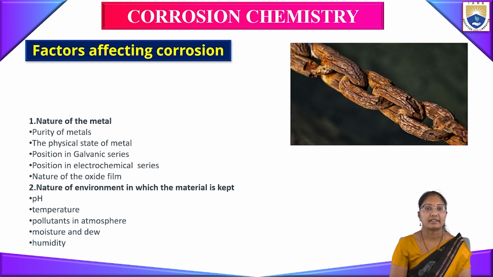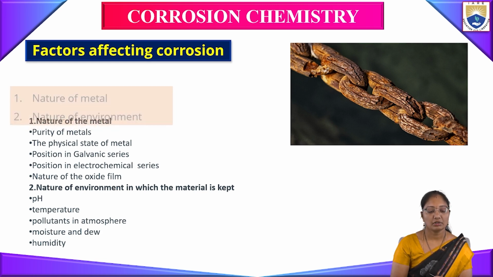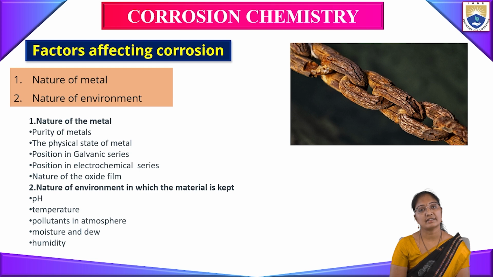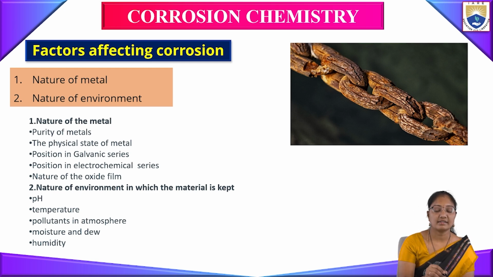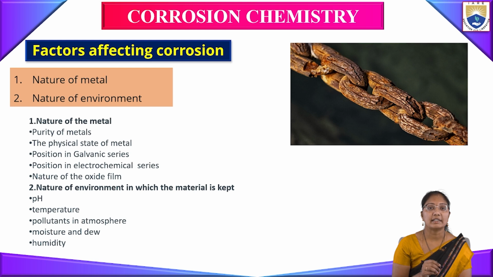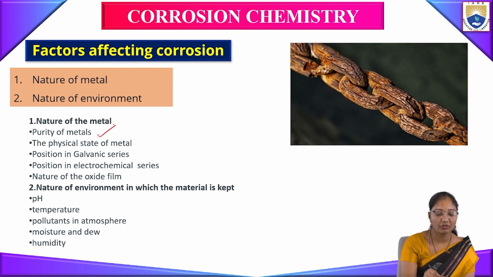So what are the factors affecting corrosion? The nature of the metal, and next the nature of the environment surrounding it. The first is the nature of the metal. It mainly depends on the purity of the metal, the physical state of the metal, the position in the galvanic series, the position in the electrochemical series, and the nature of the oxide film.